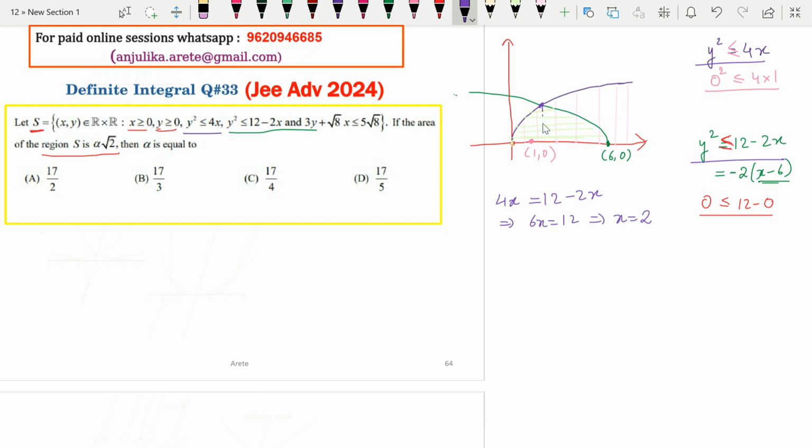This point I got to be 2 comma 0. What's the y coordinate here? Again, y square is equal to 4x. x we got to be 2, so y will be 2 root 2, because we are only looking in the positive quadrant. So we got this point to be 2 comma 2 root 2. Still more to go, because you have something else also here.